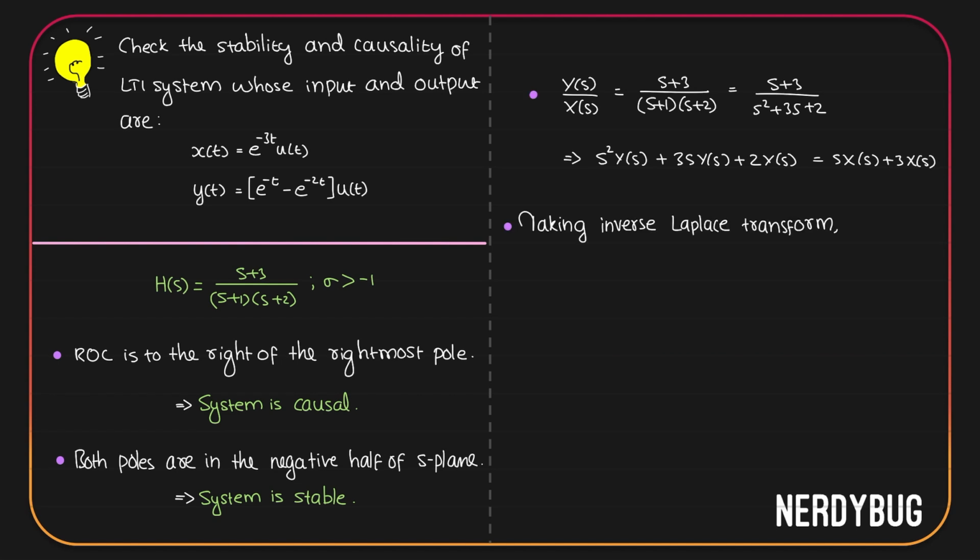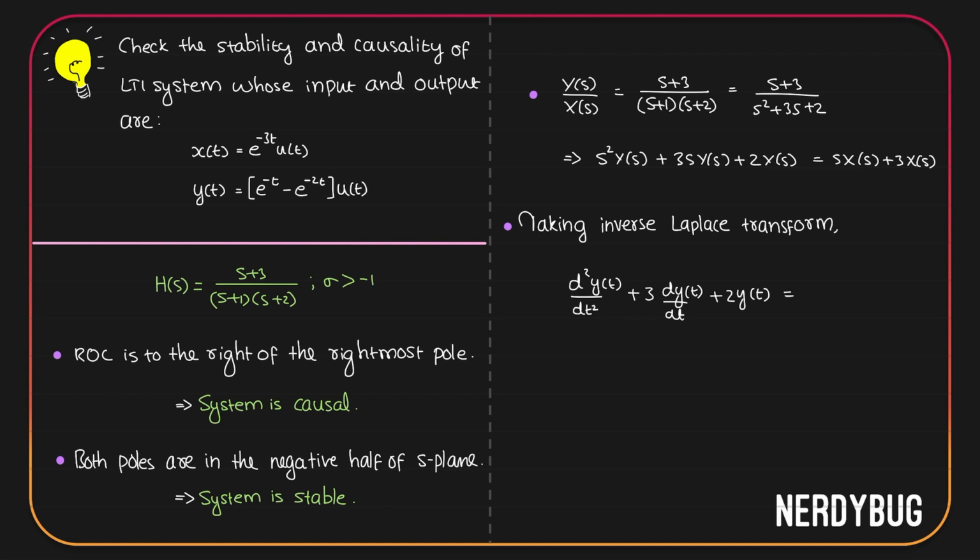To get the differential equation, let us take the inverse Laplace transform. Inverse Laplace transform of s square Y(s) is d square y(t) by dt square, plus 3 times the inverse Laplace transform of sY(s), which is dy(t) by dt, plus 2 times the inverse Laplace transform of Y(s), which is y(t).